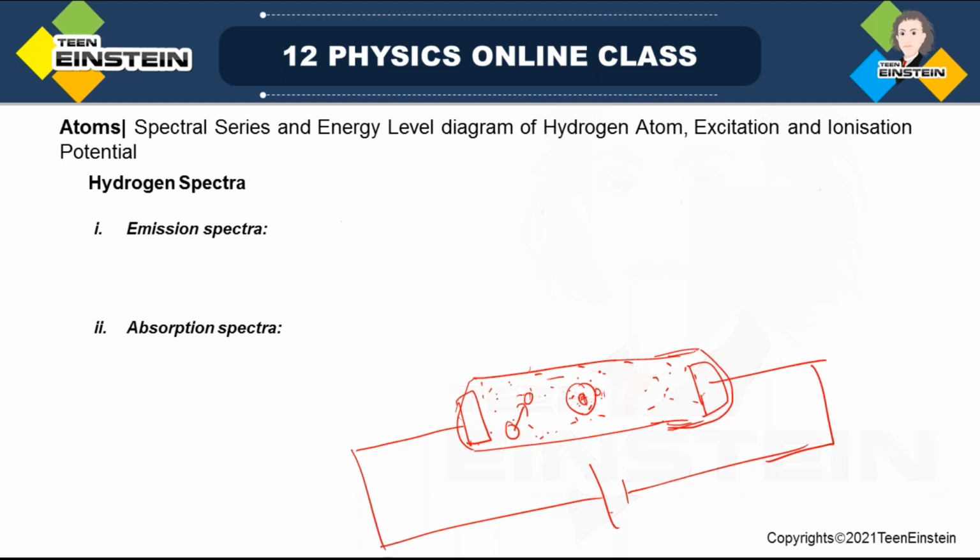When they de-excite, suppose this is the initial state and this is the final state, the lower energy level. Initial state has the higher energy level. So suppose electrons are excited to a certain level here, they will de-excite to the lower energy level, or the ground state, immediately.